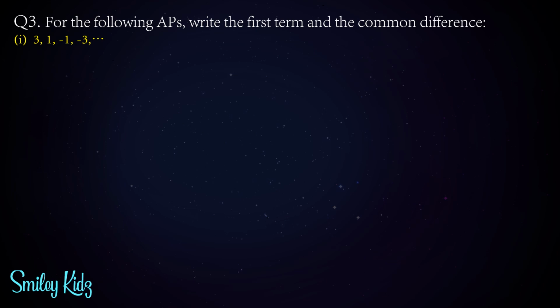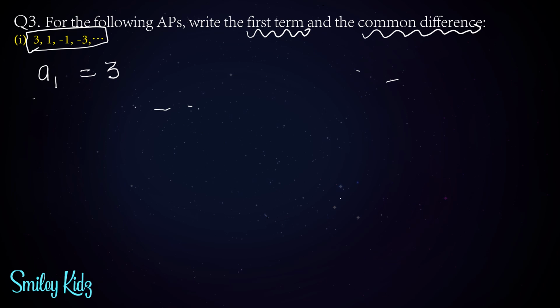Moving on to the third question. For the following APs, write the first term and the common difference. So in this AP, what is the first term or the first number of the sequence? That is your first term, isn't it? The first number of your sequence is 3. So the first term is 3. As simple as that, isn't it? Then we have the common difference. How do we find out D?